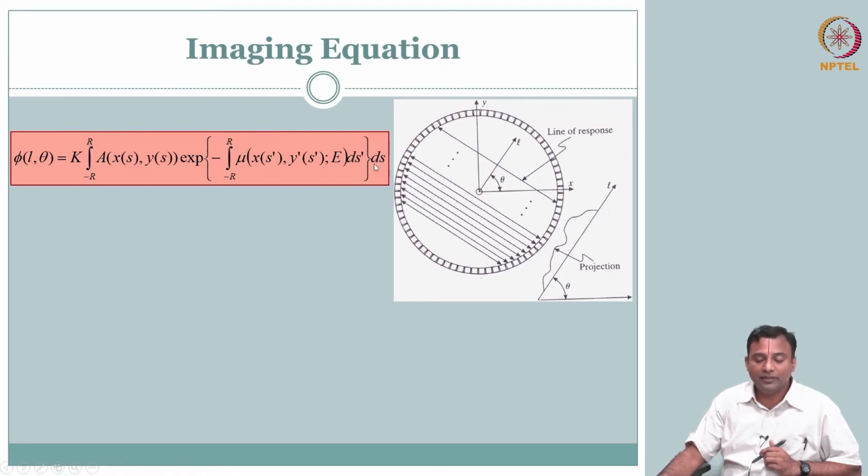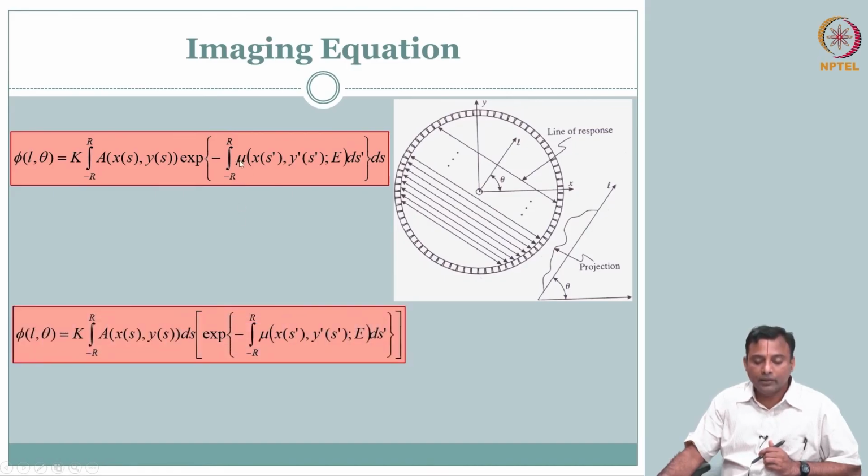That is the beauty. It is not a variable with S. So wherever the radioactivity is does not matter, it is the integral through the mu. The integral along the line from minus R to R is what is important.